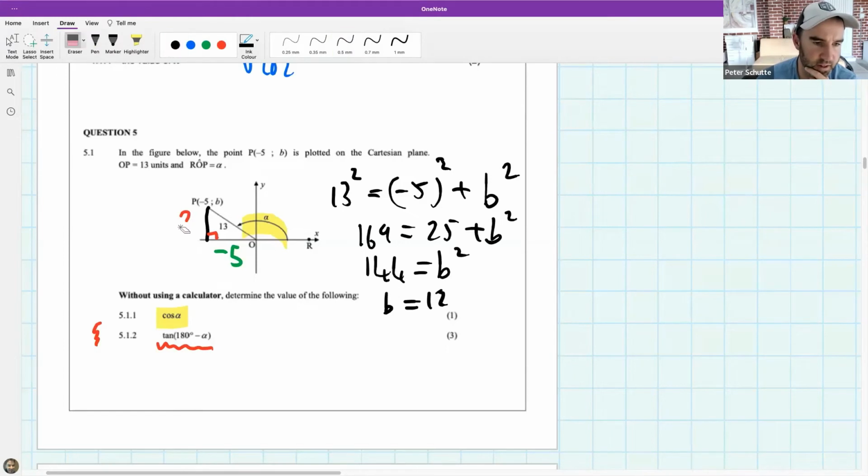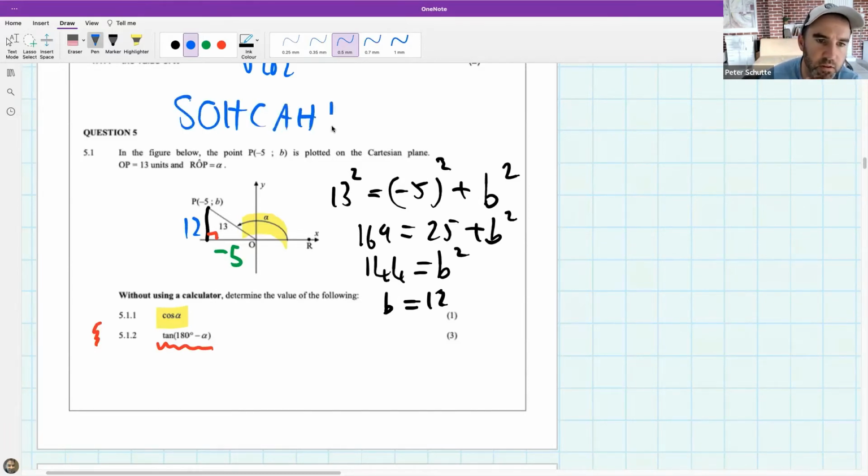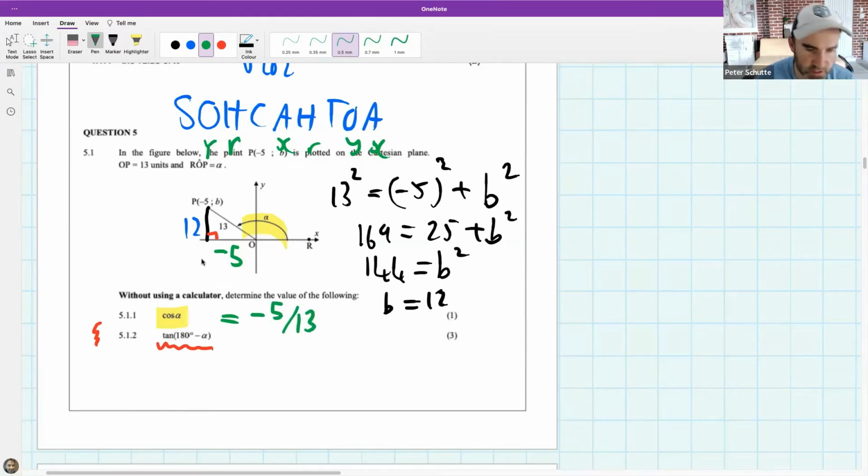So what I get is that b is 12. And then if I ask myself for the cos of alpha, now, sometimes in these questions, SOH CAH TOA can also be written in the form where this is a Y, this is an R, this is an X, R, and this is a Y, X. That also does happen. So the cos of alpha, given this, it's just going to be minus 5 over 13.